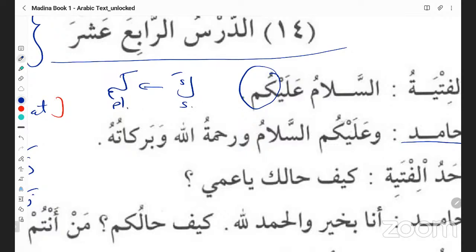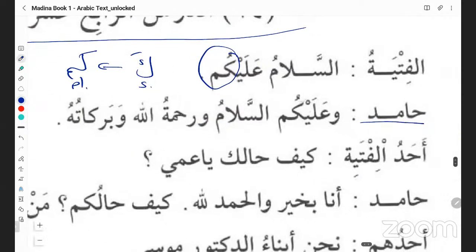Singular and plural. Hamid replies by saying, wa alaykum assalam wa rahmatullahi wa barakatuhu. We've done this before. Wa alaykum, and upon you, assalam, be peace. Wa rahmatullahi, and the mercy of Allah, wa barakatuhu, and his blessings.